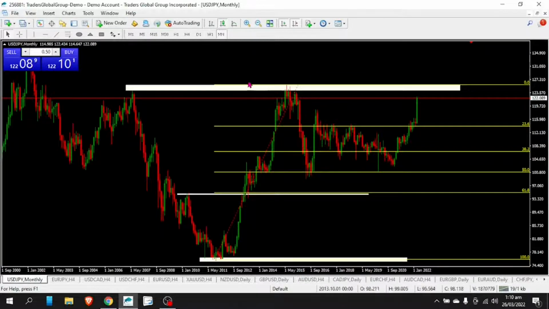Then you go back to higher time frames like this monthly, and put your take profit at this 50.0 level. Remember, this is a monthly time frame, so it will probably take 1 year, 2 years before price will come to this ratio.